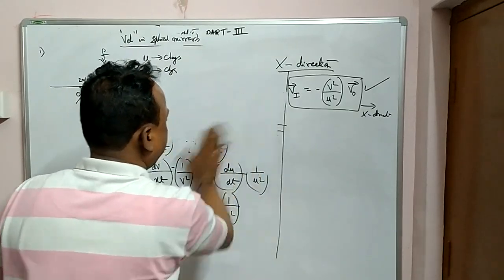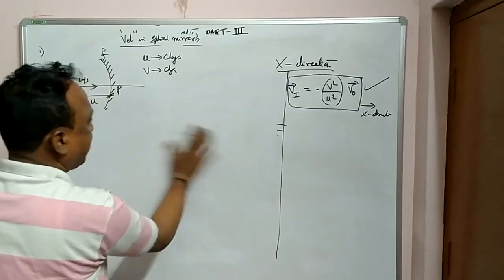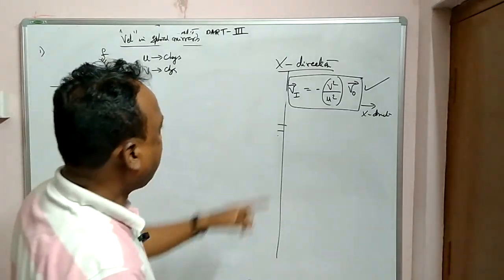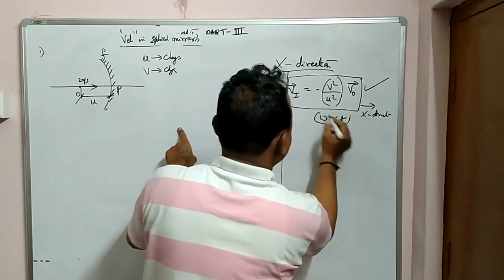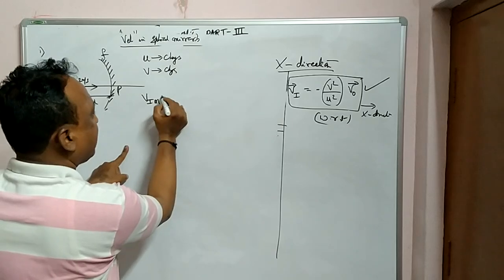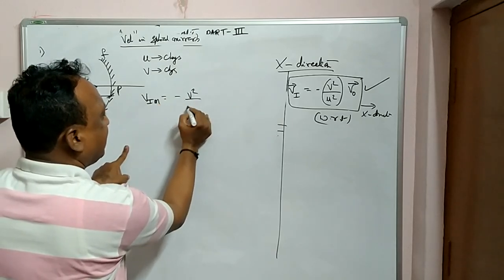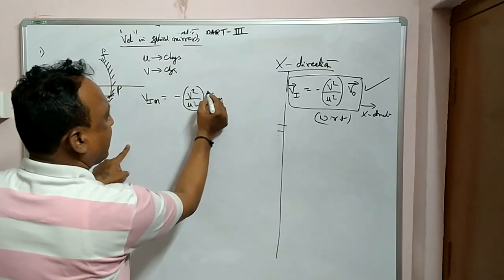So that formula goes finally like this. All these are with respect to mirror. So with respect to mirror రాయించేది, v_i with respect to mirror is equal to minus v square by u square v_o with respect to mirror, of course vector.